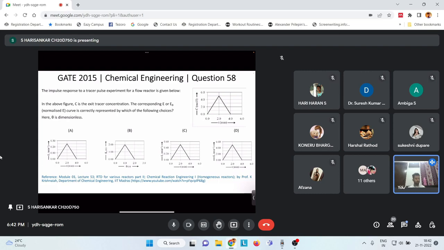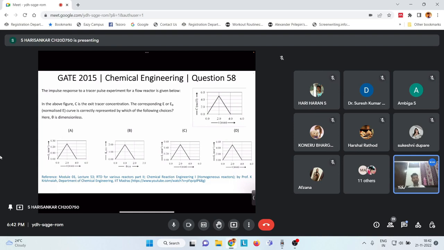Here theta is dimensionless. The four options are given here. This is a question from non-ideal reactors and residence time distribution, and the reference from NPTEL can be found in module 1, lecture 53, RTD for various reactors part 2, Chemical Reaction Engineering 1, Homogeneous Reactors by Professor K. Krishnaiah, Department of Chemical Engineering, IIT Madras.